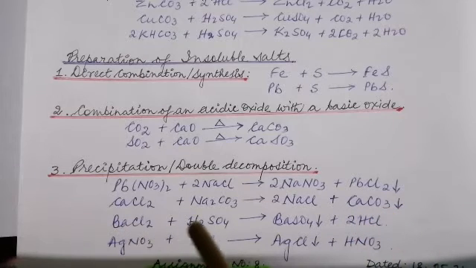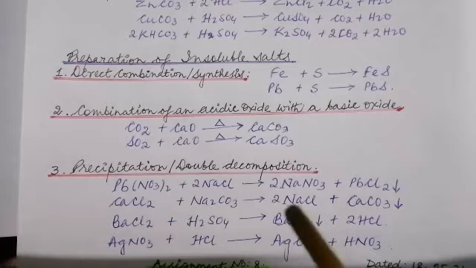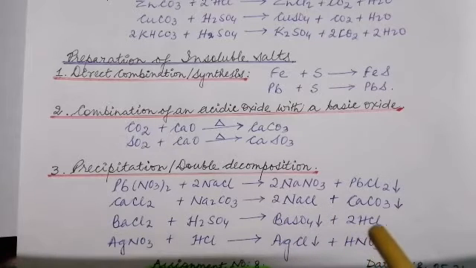Barium chloride solution when reacted with dilute sulfuric acid will give me a white precipitate of barium sulfate, which is insoluble in nature, plus hydrochloric acid. Similarly, silver nitrate solution when reacted with dilute hydrochloric acid will give me a white precipitate of silver chloride and nitric acid.